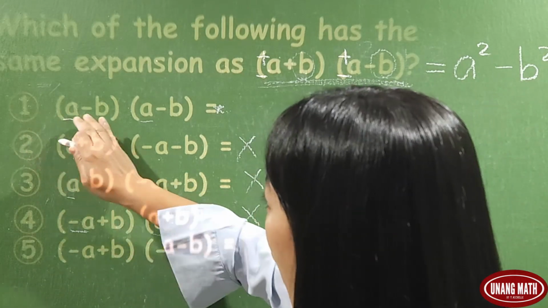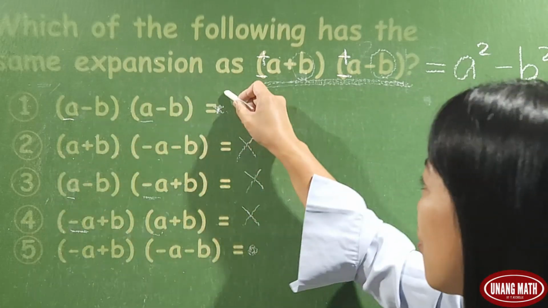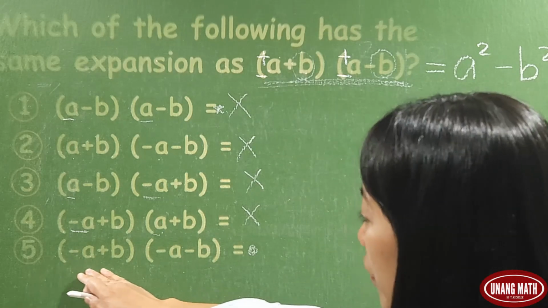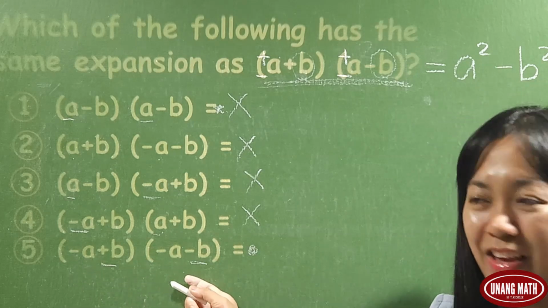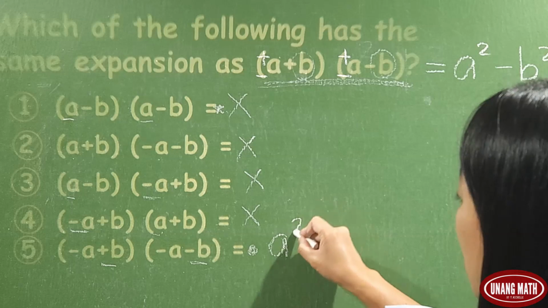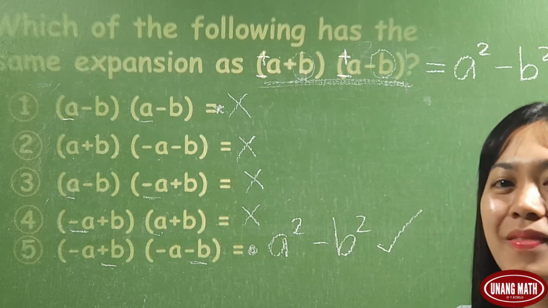So, for number 1, this is negative, this is negative. It means it did not change. So, this is not the answer we're looking for. For number 5, positive, and this is negative, sign changes. So, it means this is also equal to a squared minus b squared. So, this is our answer.